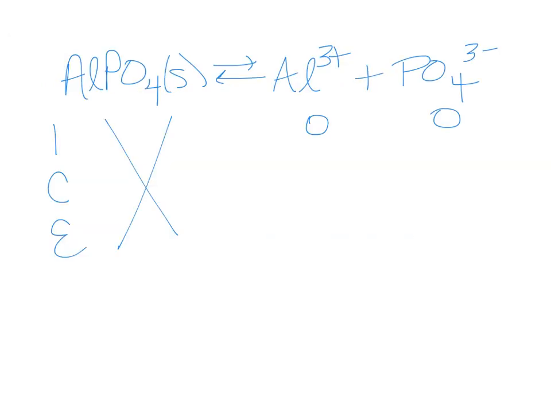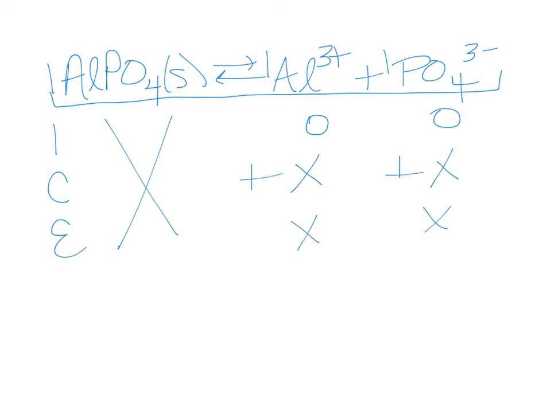All right, so I've written out the dissolution Ksp equilibrium for dissolving aluminum phosphate. And this one should be relatively easy. I hope you could do it because stoichiometry is just 1-to-1. So for every X amount of aluminum cation that's formed, we're going to get the same concentration of phosphate ion formed.